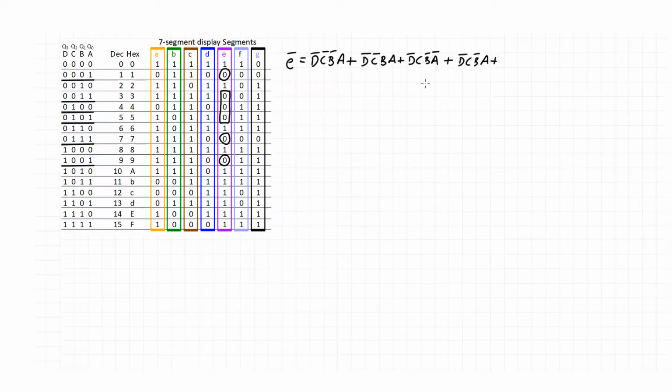So we're just looking at the binary values from the counter, and the last one, D not C not B, A. So we're looking for similarities and differences. You spotted any?